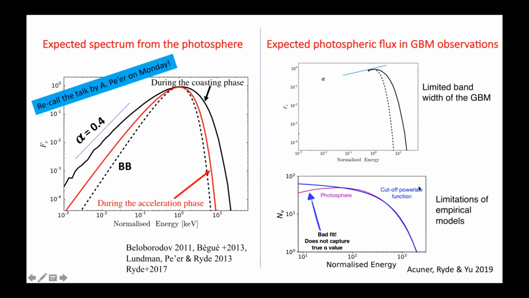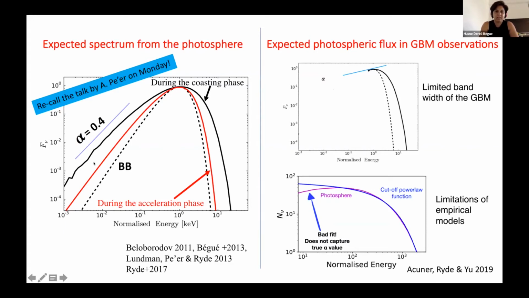I want to take reference of previous talks and also the talk given by Asaf Pe'er on Monday. The expected spectrum from photospheric emission is the pure Planck function. If you consider the geometrical effect, you can have broader functions in the energy spectra.